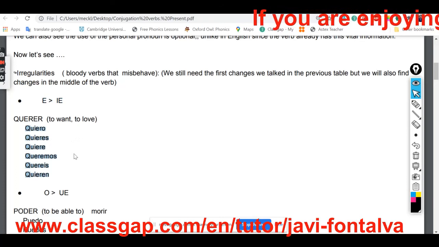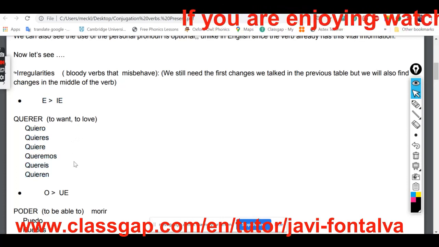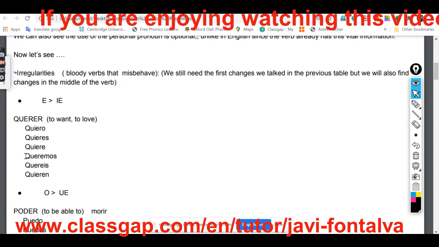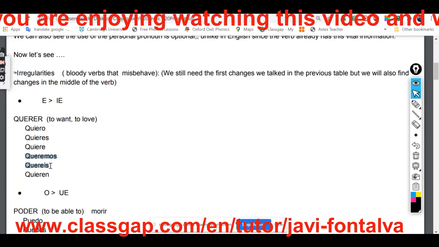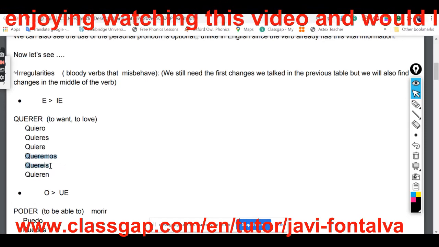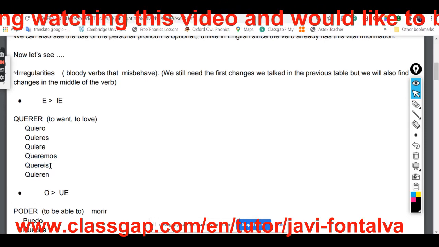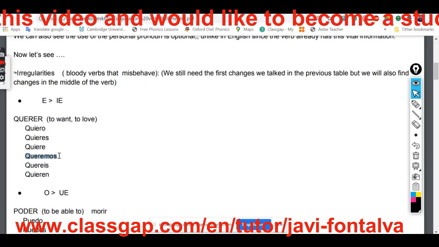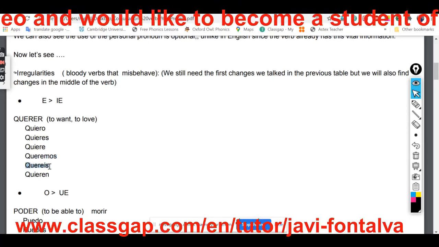And it's gonna be like this for the conjugation. One thing you have to be careful about in Spanish: even though the verb is irregular, you're never gonna have irregularity when you're talking about us or you guys.